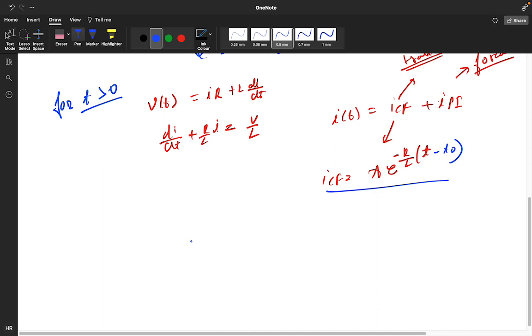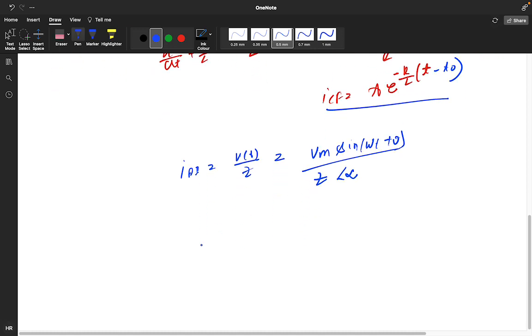Okay, and this is your complementary function. For your particular integral, you will get V of t by Z, that will be the same only, Vm sine omega t plus theta divided by Z at an angle alpha. So that will be the same only, Vm by Z sine omega t plus theta minus alpha.